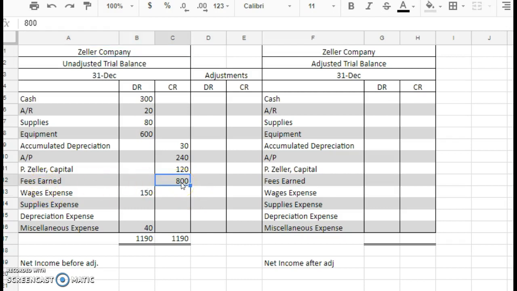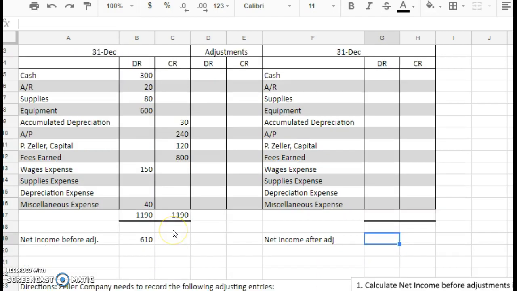So your income minus your expenses is 610. So now let's actually do your adjustments and see what happens to net income after adjustments.